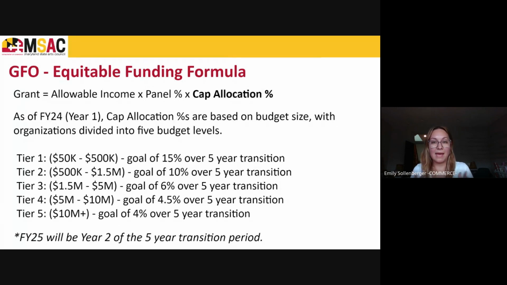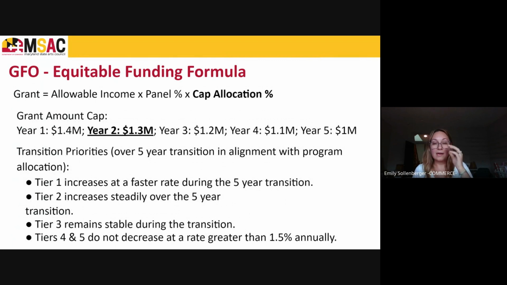So these are some end goals based on the information that we know to date of our funding allocations and where we think we're going to be going. So again, our smaller organizations are looking to get to a higher cap allocation percentage and our larger organizations to a lower. So we're in FY25, we're moving into year 2 of 5 during this transition.